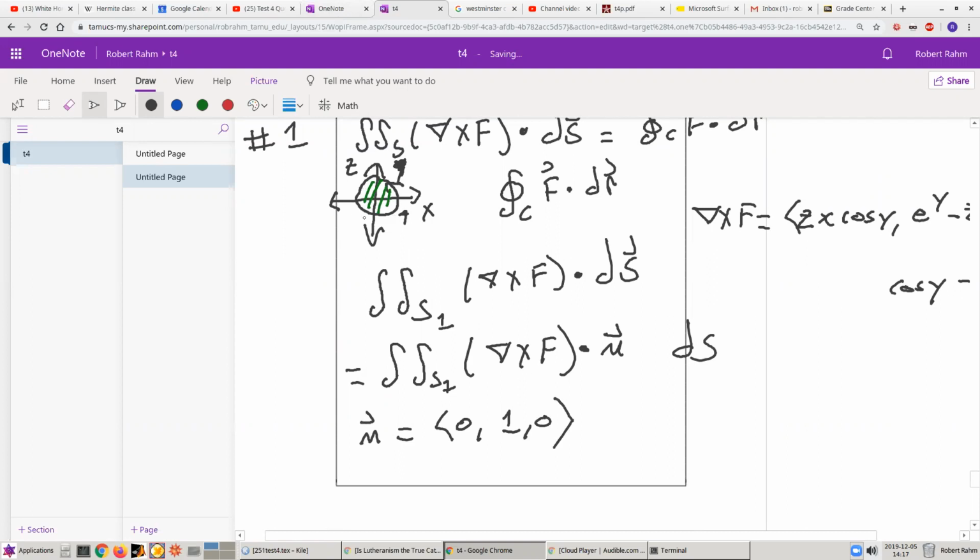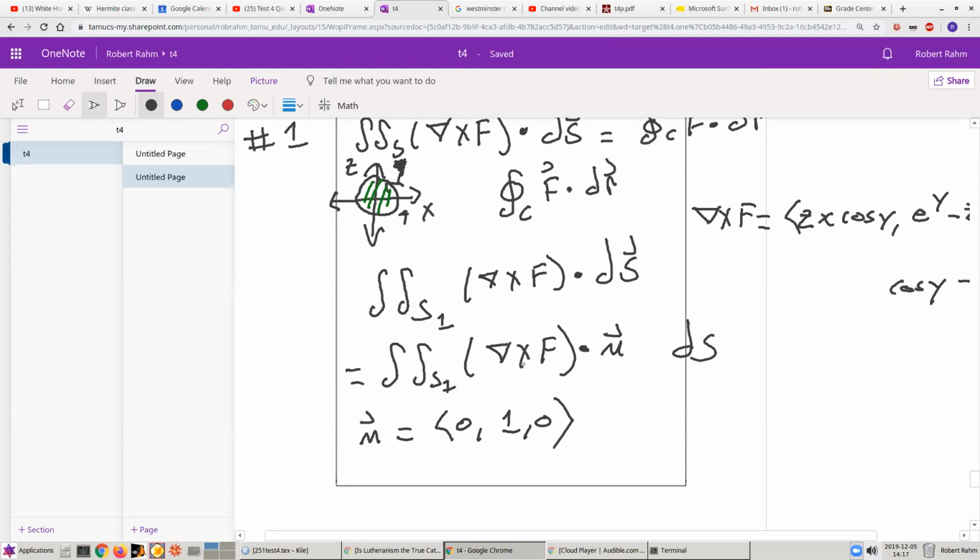So what is the surface? The surface is this green disk here, which is in the xz plane. So the normal vector is either 0, 1, 0 or 0, minus 1, 0. Since we want the outward pointing orientation, it's going to be 0, 1, 0.